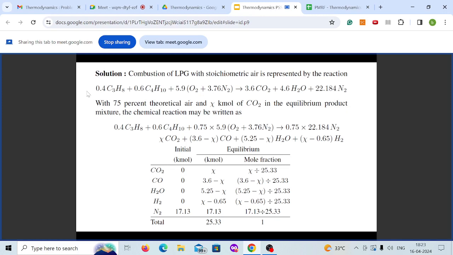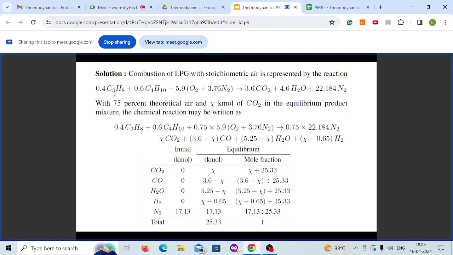You have 0.4 moles of C3H8, because the volume fraction is equivalent to the mole fraction, and 0.6 moles of butane. It reacts with air to form CO2, H2O and nitrogen. So this is a complete combustion reaction.